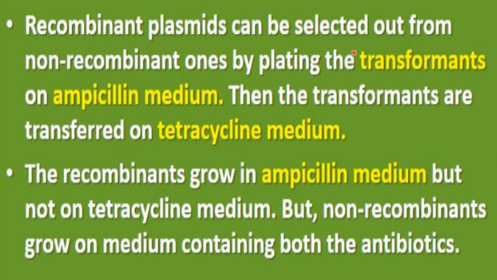We have all the transformants first, and we transfer all these transformants onto the ampicillin medium, and then onto tetracycline medium. When we transfer these onto tetracycline medium, we will be able to select recombinants from non-recombinants.